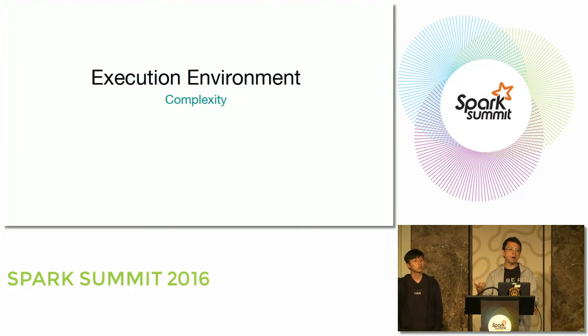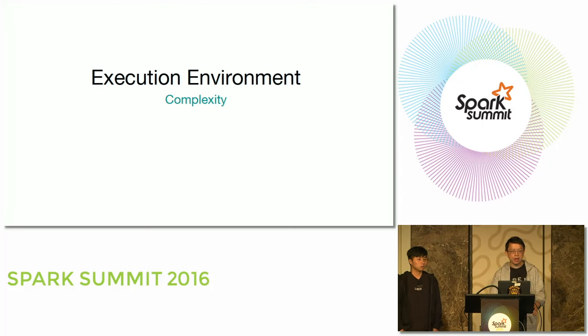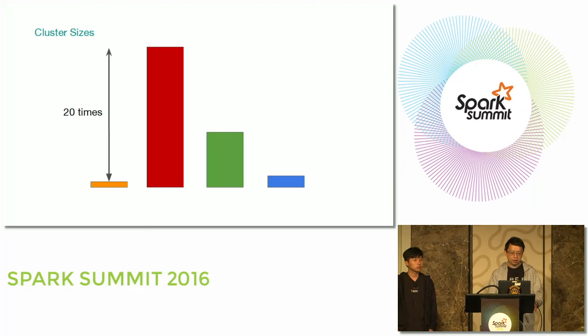So before we talk about the UDK, let me introduce a high-level overview of the Spark execution environment at Uber. And it is pretty complex. First of all, we have multiple Spark clusters at Uber, and they have different sizes. Some of them are pretty big, and some of them are smaller.